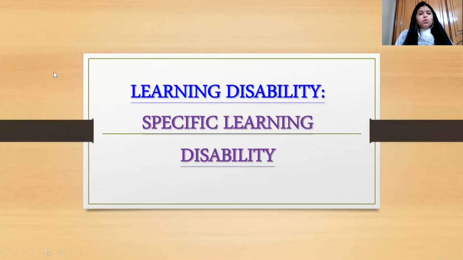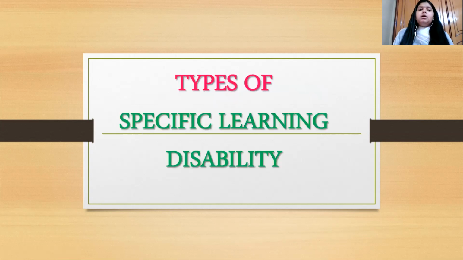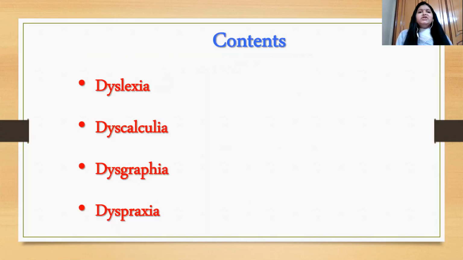Yes. So, in today's session, we are going to discuss learning disability, under that specific learning disability, types of specific learning disability, types of SLD. So, the basic types of specific learning disability, what are they?